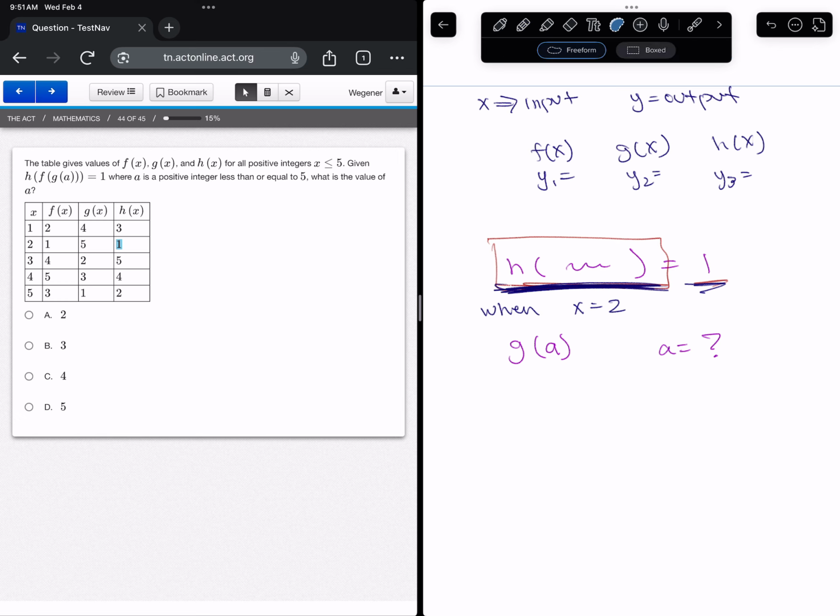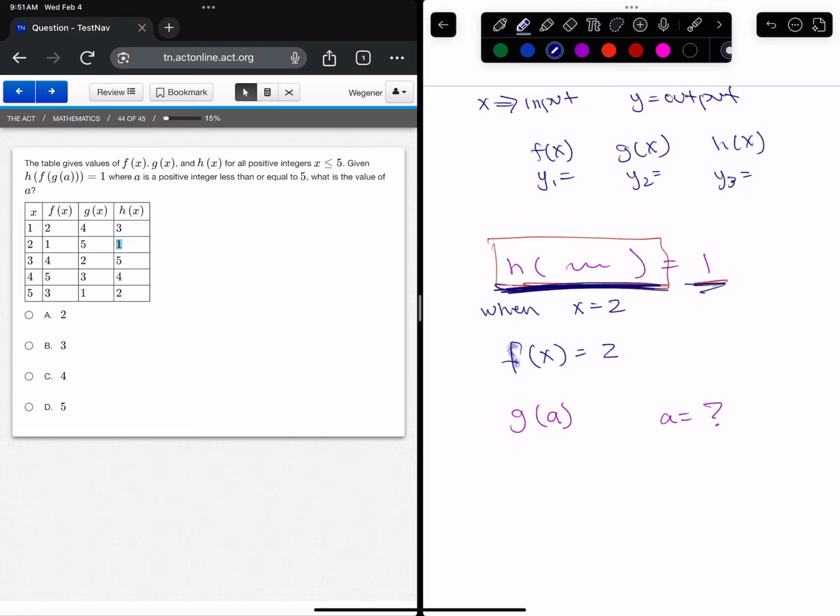That's the input we put in. Now, what makes f of x equal to 2? If I look at the graph, it's right here. That's when f of x equals 2, so that occurs when x equals 1.